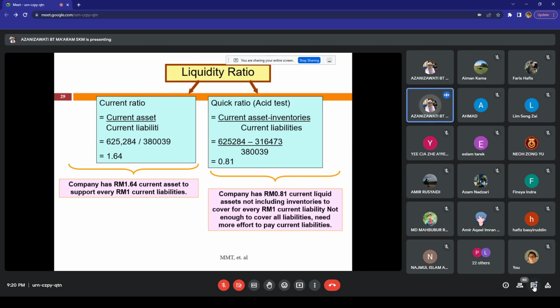And for quick ratio, if less than 1 ringgit, meaning the company has 0.81 current liquid asset, not including inventories, to cover for every 1 ringgit current liability. So therefore not enough to cover all liabilities, so need more effort to pay current liabilities. So that is how you put your interpretation.